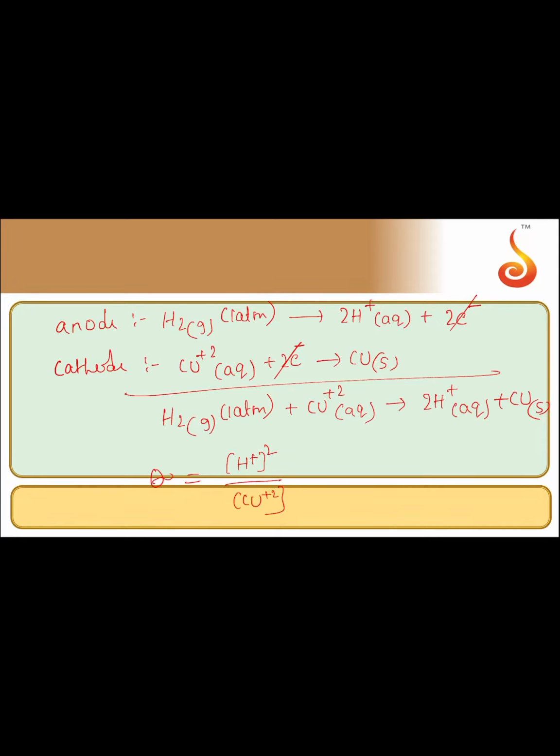That is Q. Now E0 cell is equal to E cathode minus E anode. Cathode is the copper electrode, its reduction potential value is 0.34, minus hydrogen electrode, which is 0. So its E0 cell value is plus 0.34 volts.